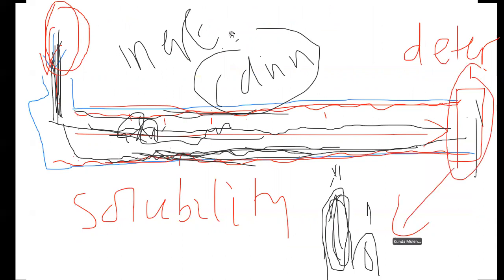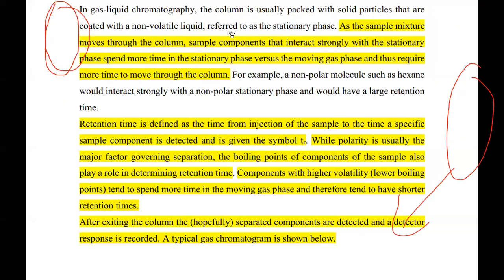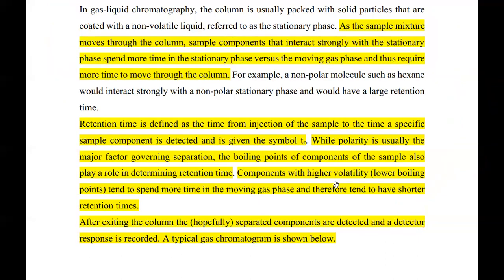So the amount of time that this sample spends within the column is what we call retention time. That's basically this point there. And the symbol that we use for retention time is this one.